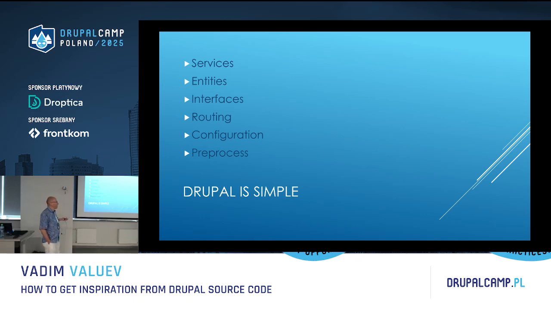Symfony is documented. You can trace back to the class, to the source of what you need, but you won't find explanation in the code base. But Drupal is unique in this sense. You can just read the comments on the interfaces, and basically that's all you need.